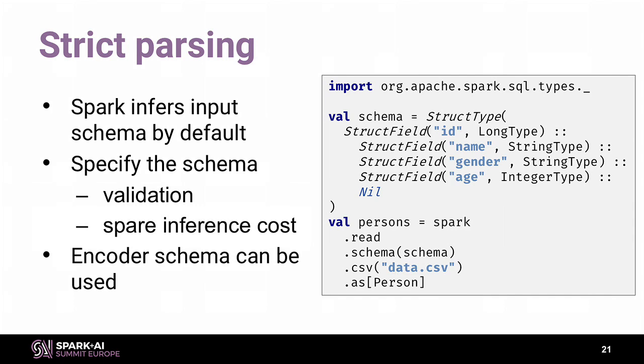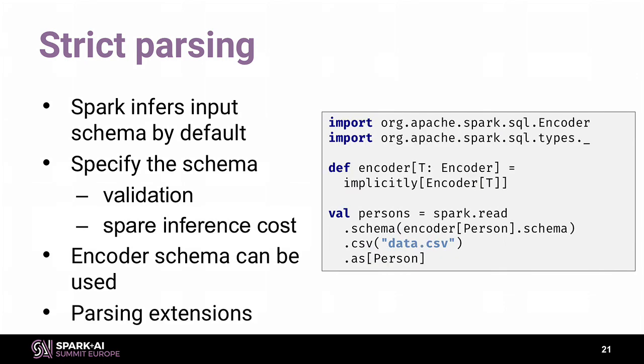What if you don't want to pay the schema inference cost? You can specify the schema manually by creating this struct type. A better solution would be to derive it from the encoder. So you are dealing with datasets, you have this encoder for it, you can add the schema there for your encoder, and this is going to validate it.